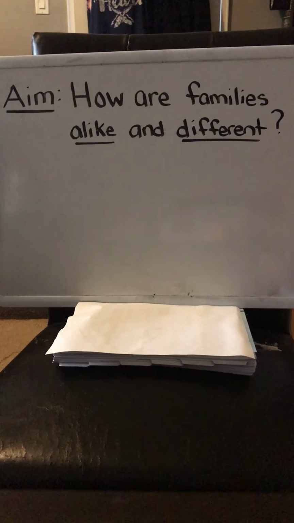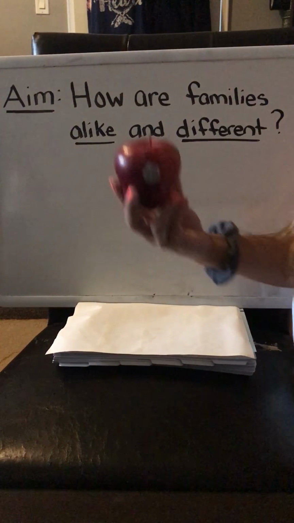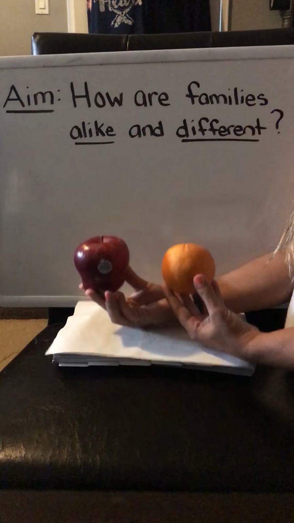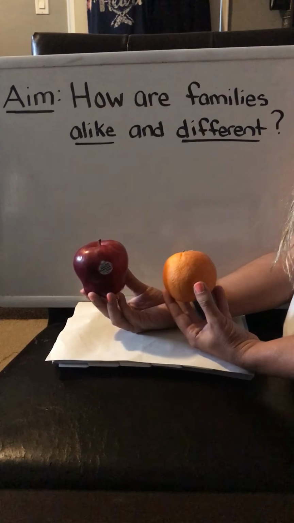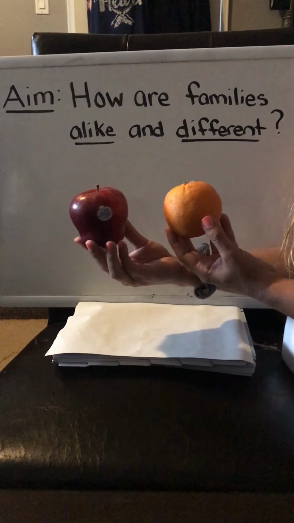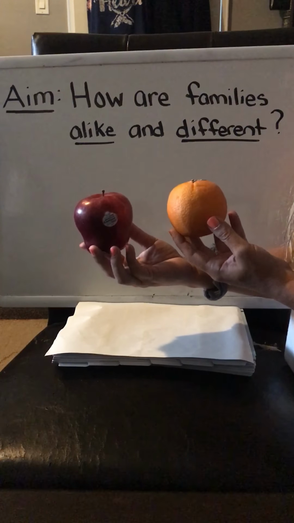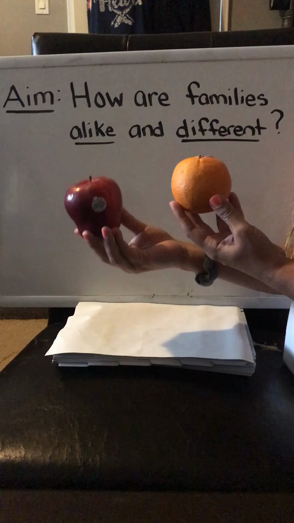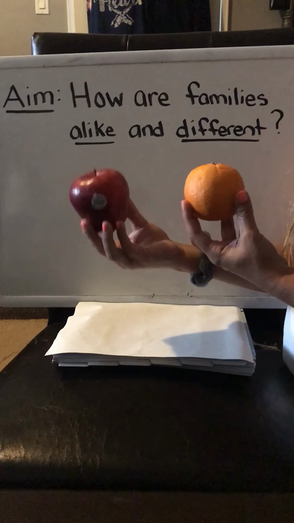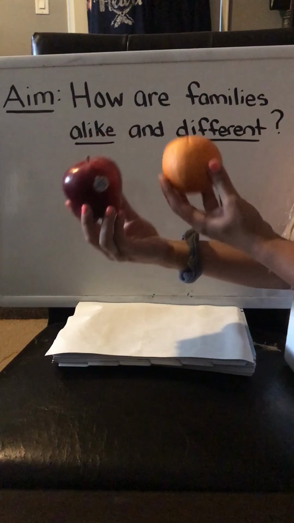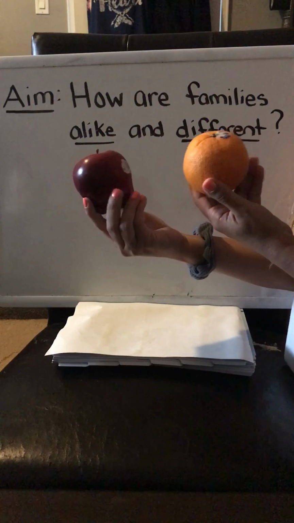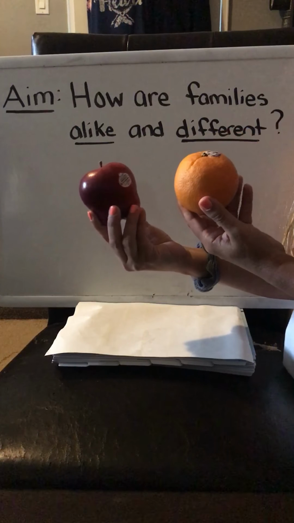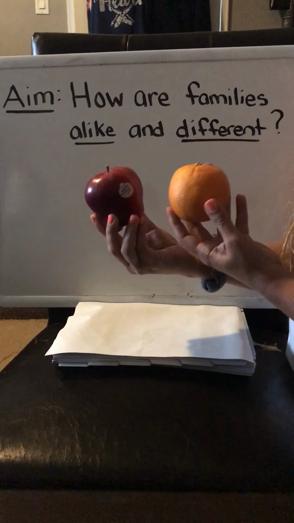Let me show you what I mean. Boys and girls, we have an apple and we have an orange here, right? Let's talk about how these two pieces of fruit are alike and the same. We could say that they are the same because they are both fruit.